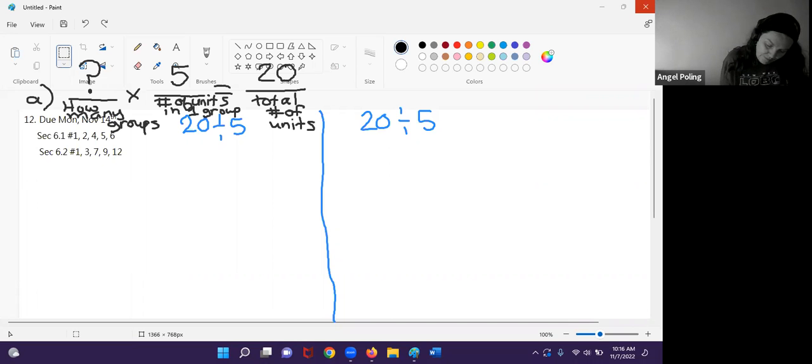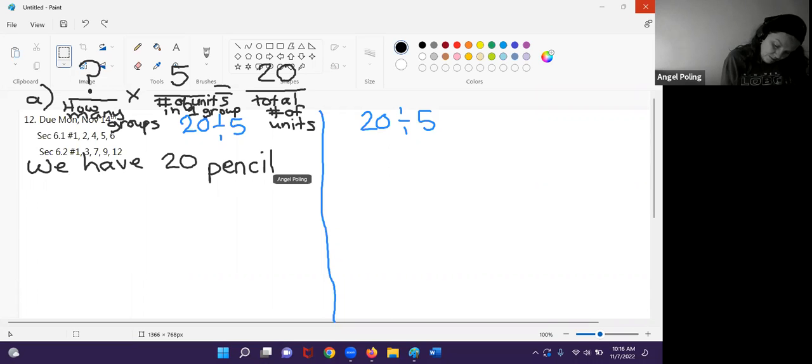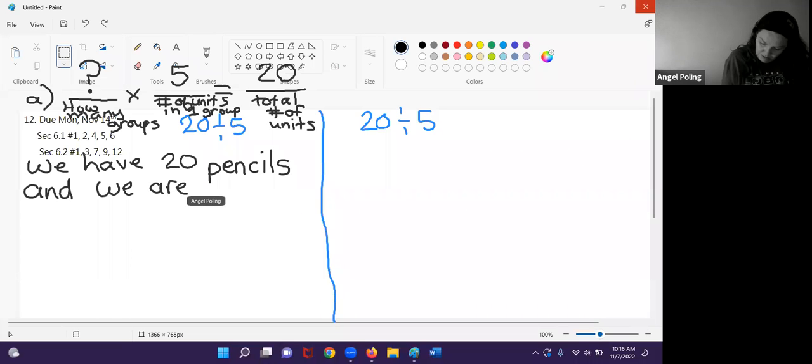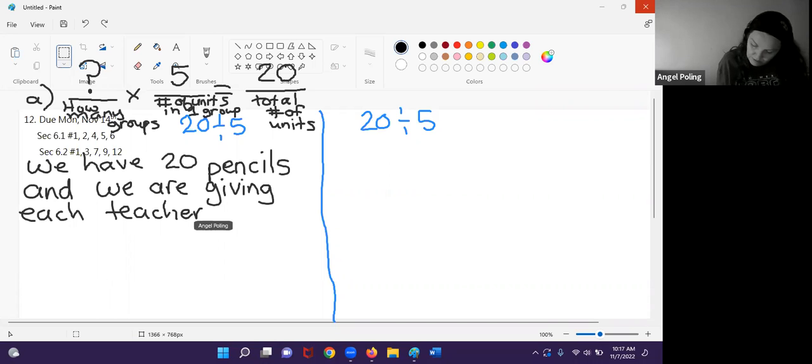So we have 20 pencils, and we are giving each teacher 5 pencils.